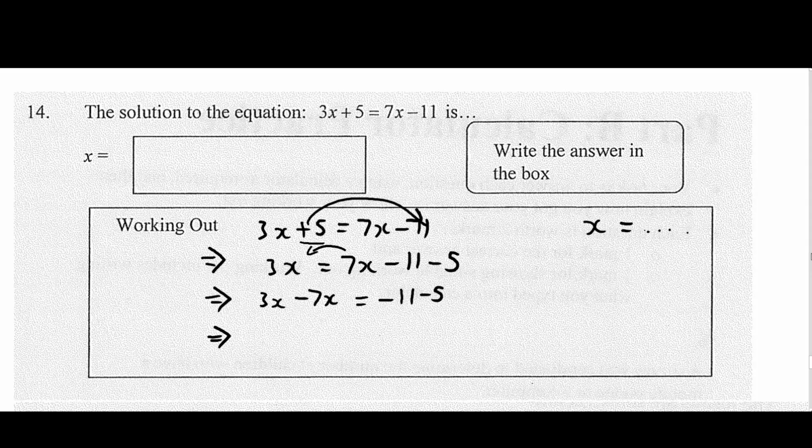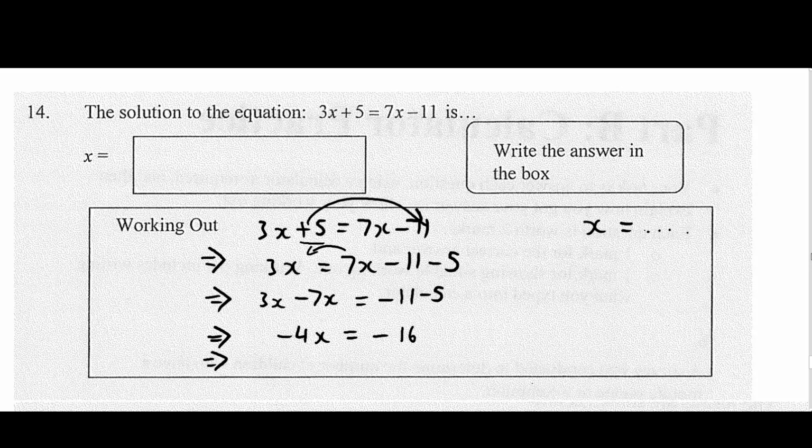Now, 3x take 7x. 3 take 7 is going to leave me with negative 4x, which is equal to negative 16. So I can simplify this.